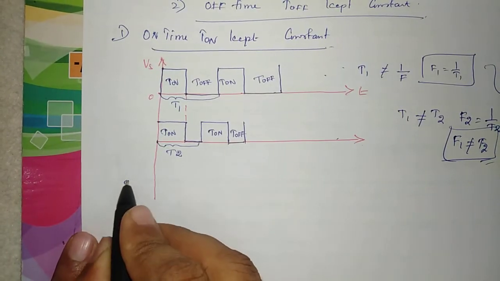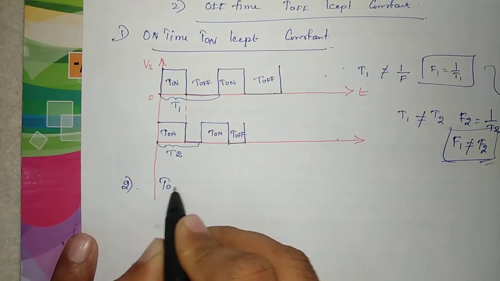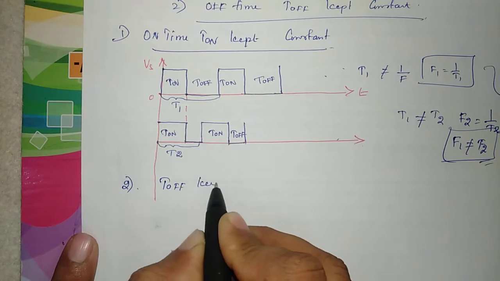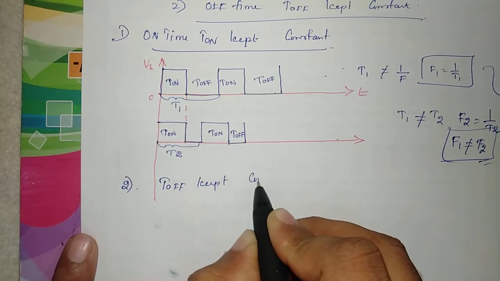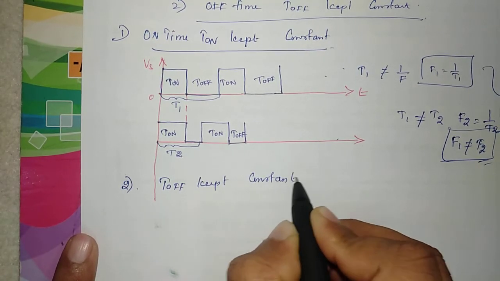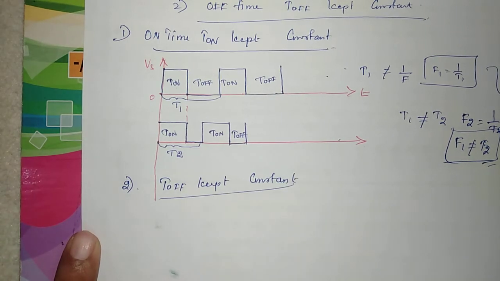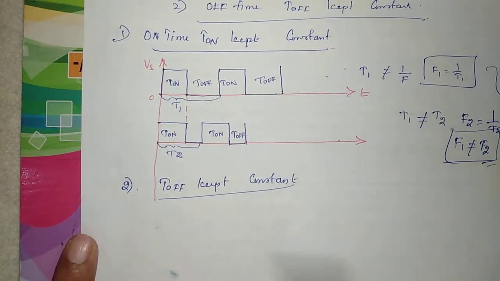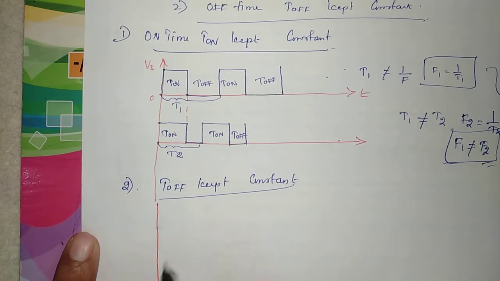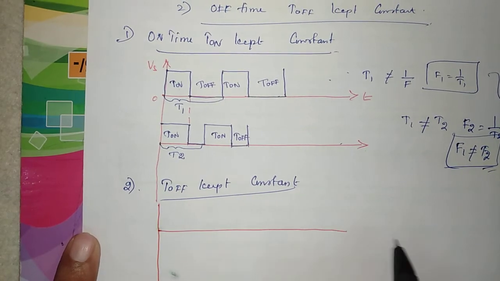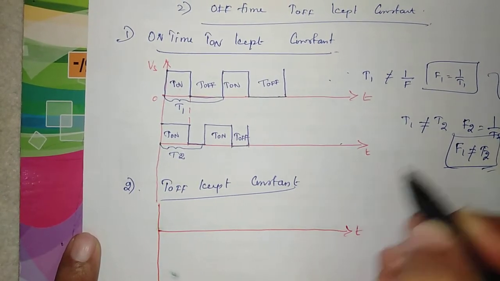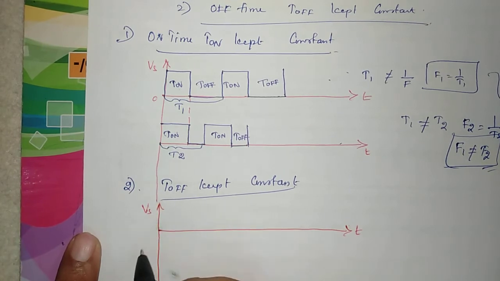In the second graph, second thing, here we are maintaining t off kept constant, that is we are going to maintain t off, that is off time, as constant in the second set of control. So I am going to draw the same graph, y-axis and x-axis. X-axis should be t and y-axis should be, yes, starts from 0.